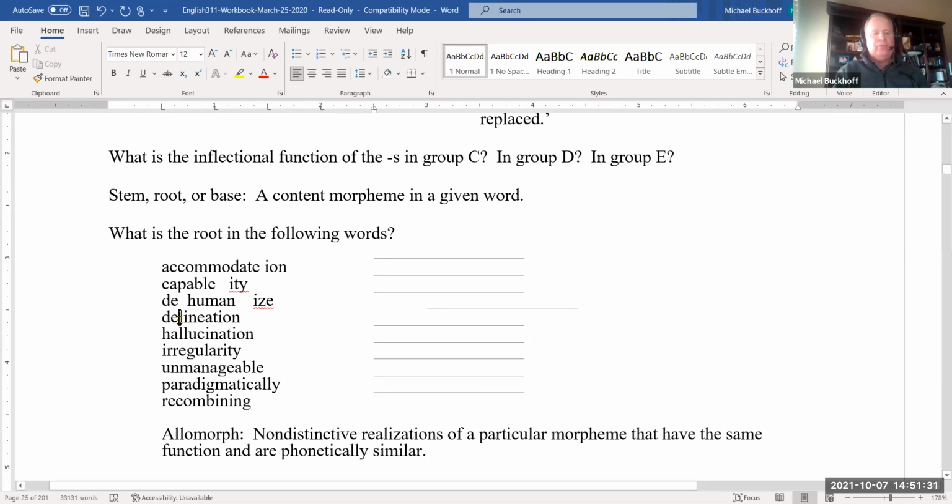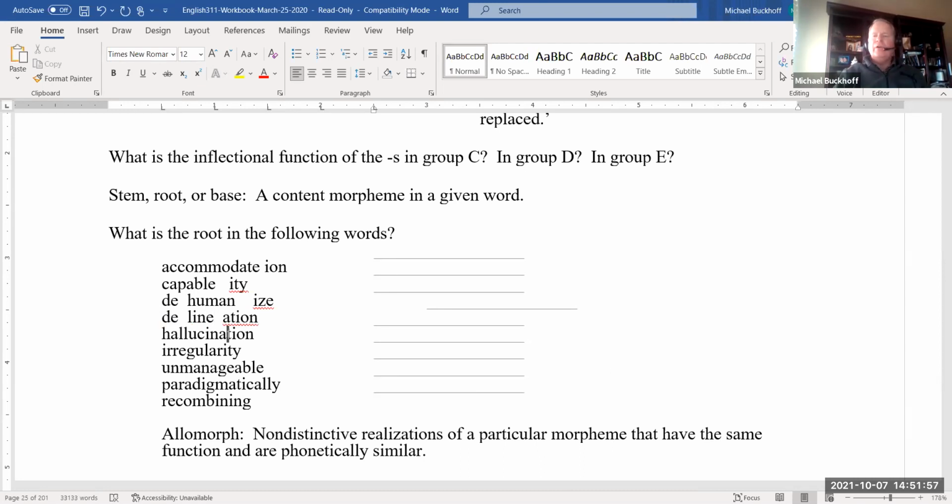How about this one? This is a tough one. Delineation. Wouldn't that be linear? I'm going to go even a step further and say line. I'm going to say line, lineate, delineate, delineation. That's how I would look at that one.